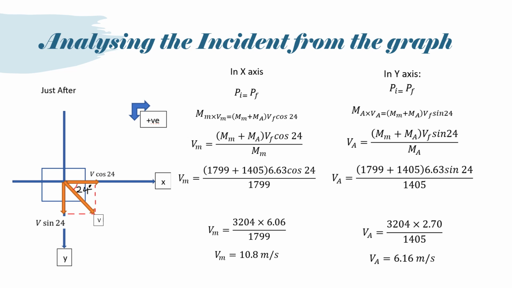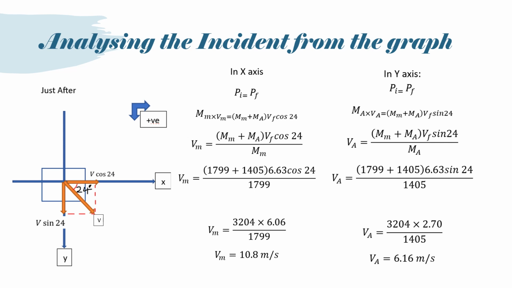Then again we can rearrange this one to find the velocity of Mitsubishi, and we can rearrange as velocity of Mitsubishi V_M equals to mass of two vehicles times final velocity cos 24 degree, divided by mass of Mitsubishi.